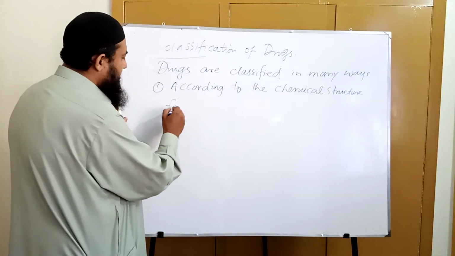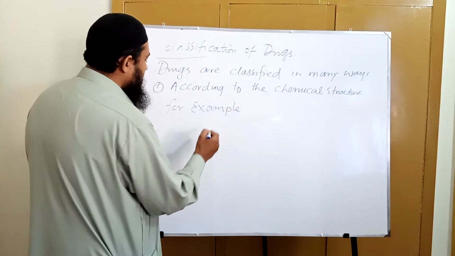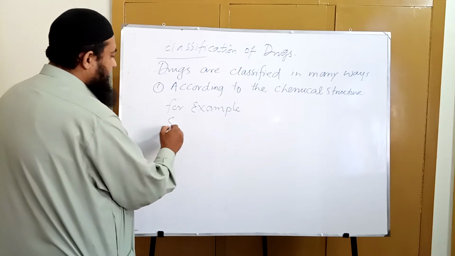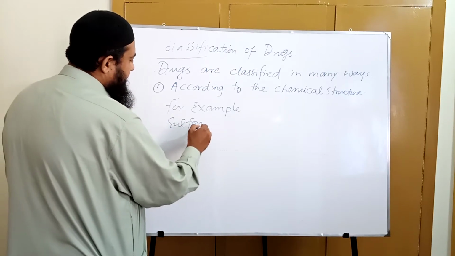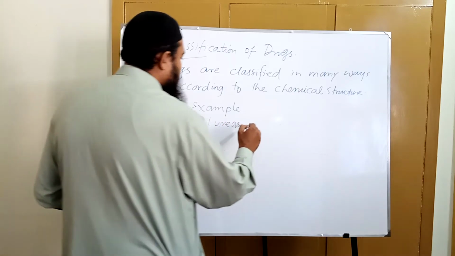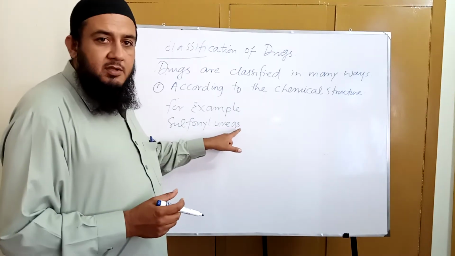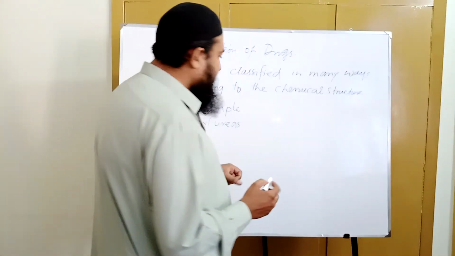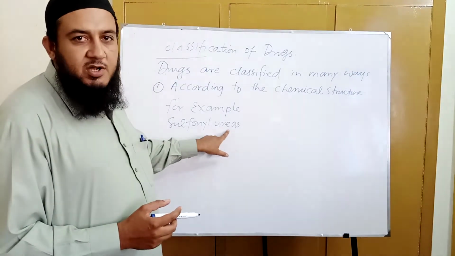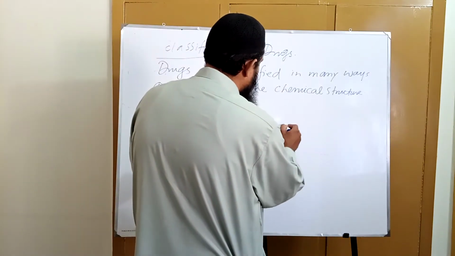For example, sulfonyl ureas are a group of anti-diabetic drugs which are used in the treatment of diabetes mellitus. They are also called oral hypoglycemic agents. Example given, glibenclamide.